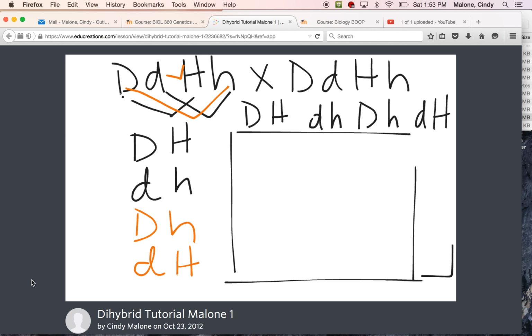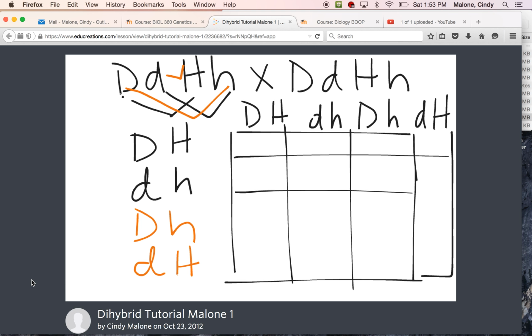This is where we end up with the square that has 16 spaces. Does that make sense? So if we wanted to actually fill out these, we could. It would take us a long time, but we could. And what we would end up finding in this dihybrid cross of 2 heterozygotes would be a 9:3:3:1 ratio of the offspring.